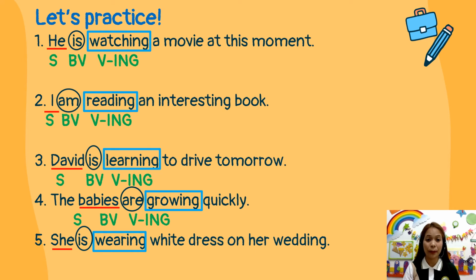And are will be your be verb, growing is your verb ing. You use subject, be verb, and verb ing. Number 5, she is wearing a white dress on her wedding. Your subject here is she, so your be verb is is, which is singular. Wearing is your verb ing. Once again, you use subject, be verb, and verb ing. Okay?